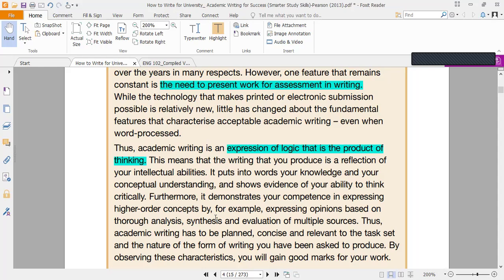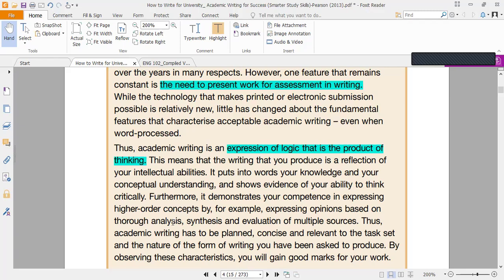The logical connection is if it is going to rain, it's logical that you take an umbrella. The point here is that academic writing makes arguments. Academic writing makes reasoning. Academic writing makes claims. Academic writing supports claims with reasons and evidences.